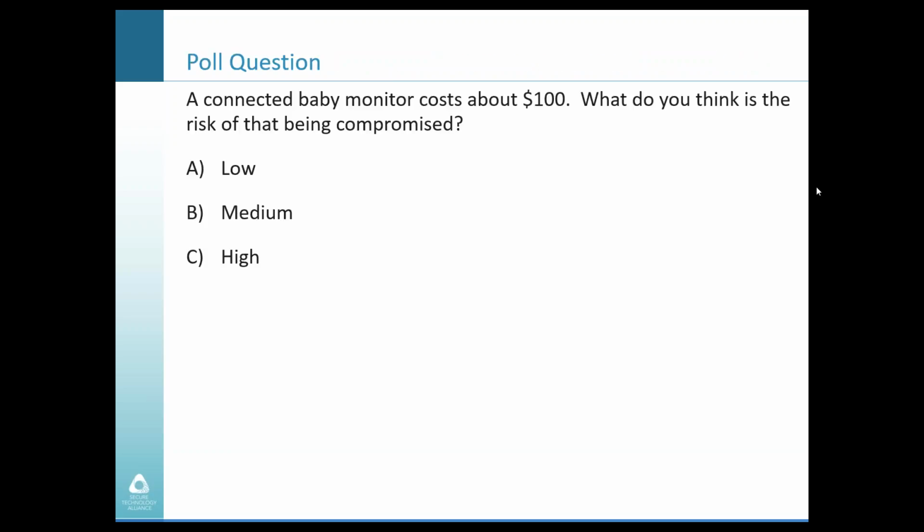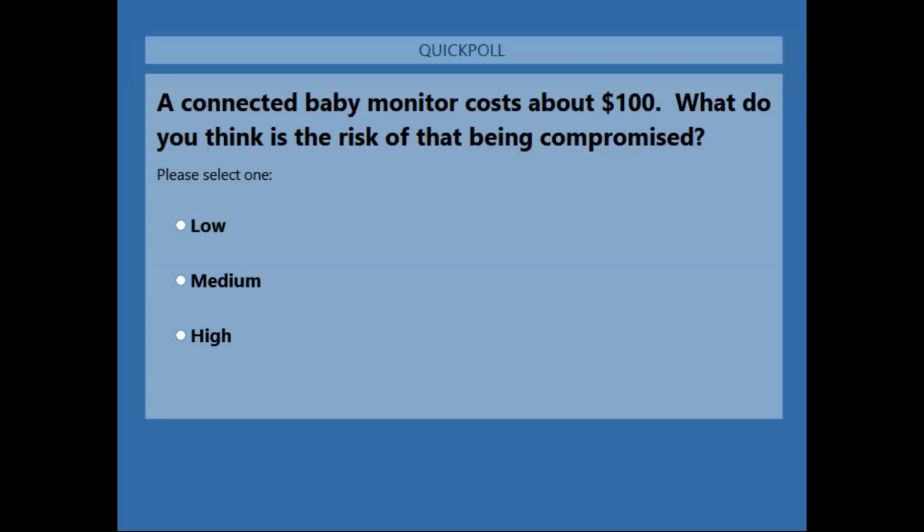So we want to make this interactive, and what we have here is a poll. The poll is open to everybody in the audience, and it's a simple question. If you have a connected baby monitor, which costs, let's say, about $100, what do you think the risk of that being compromised is? And we wait about 20-25 seconds for folks to vote.